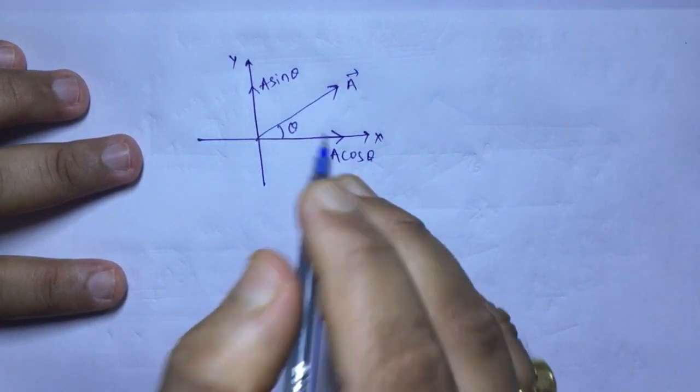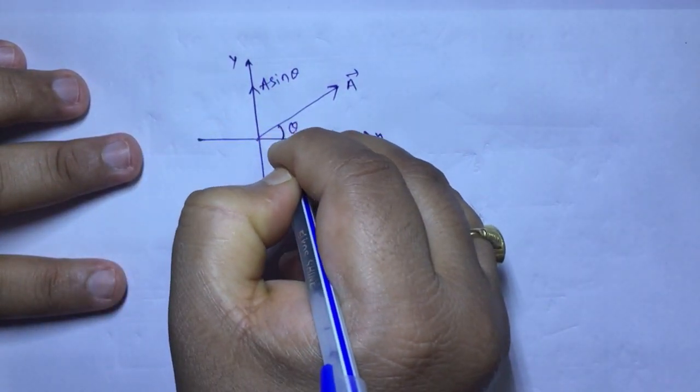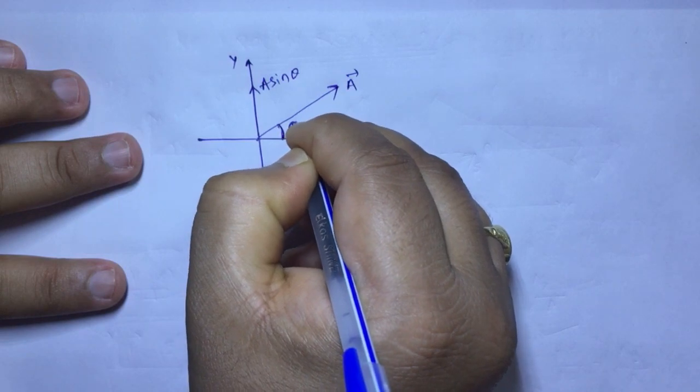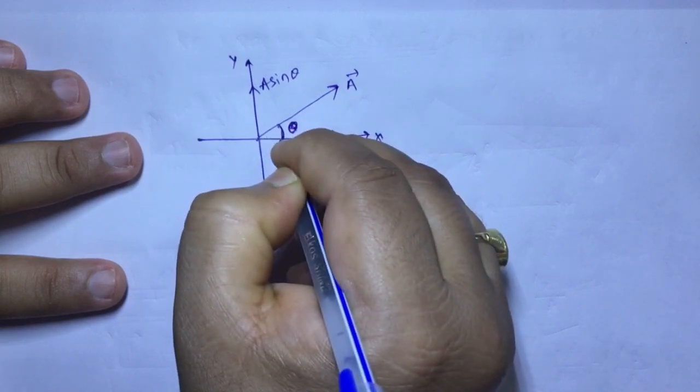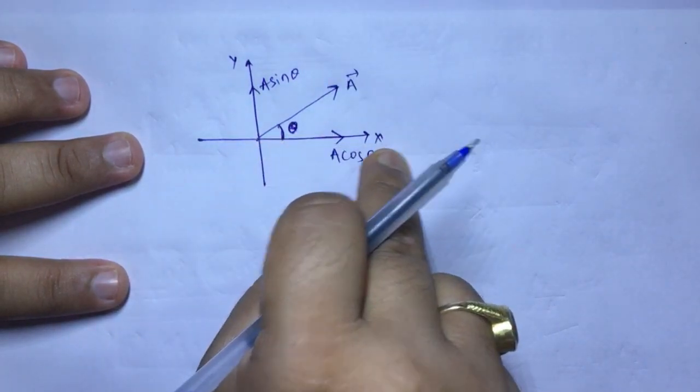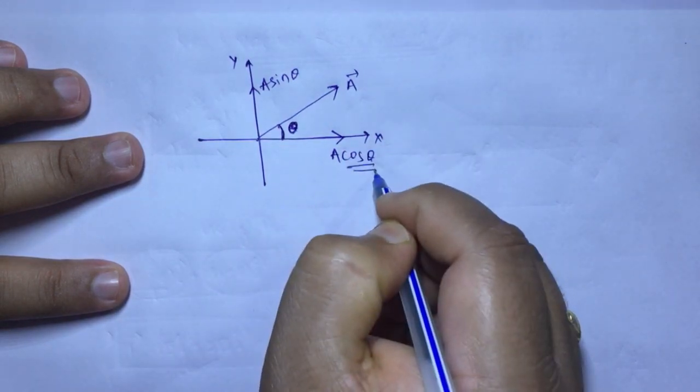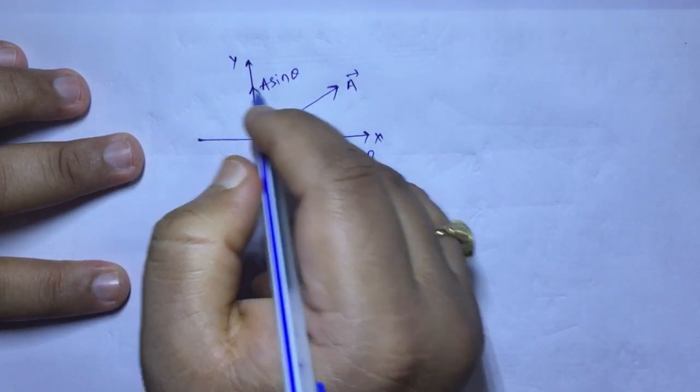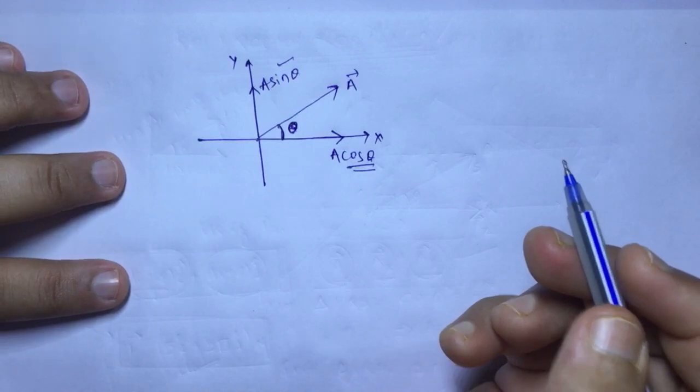Now remember it this way: in whichever axis this theta is attached, towards that axis the cos theta component will move, and towards the other axis the sin theta component will move.